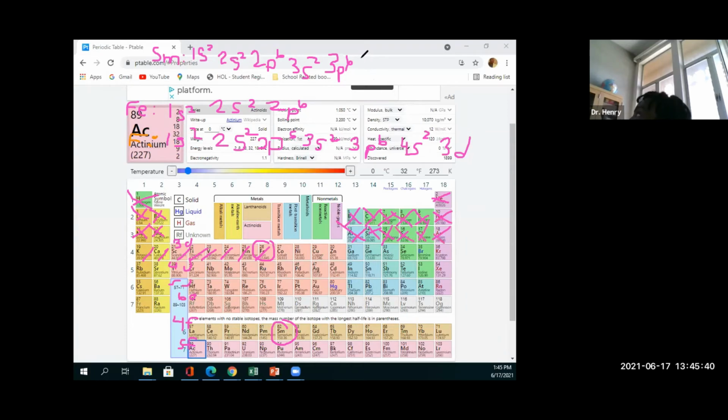So yes, 4s2, that's correct. Then it's 3d10. That's right. 4p6. Okay, 5s2.